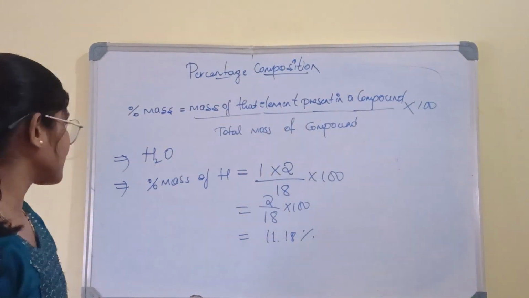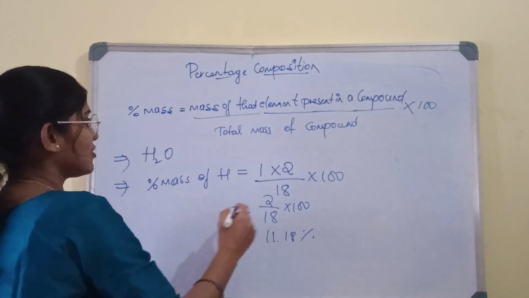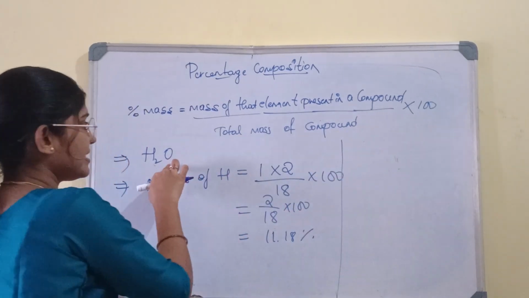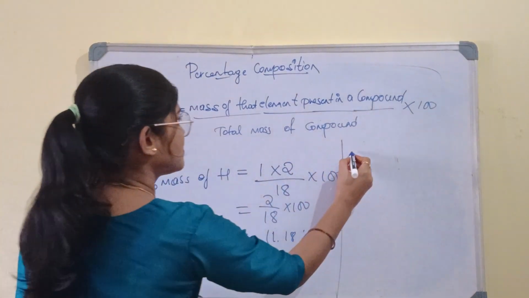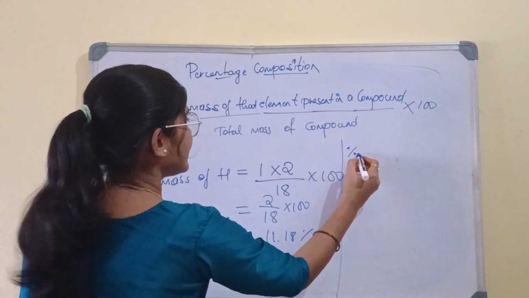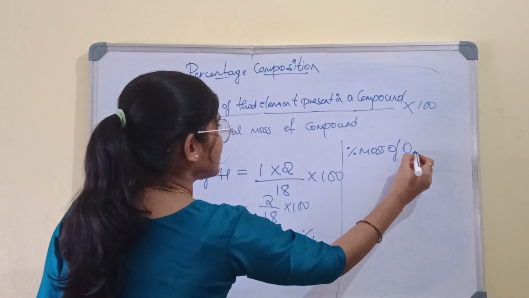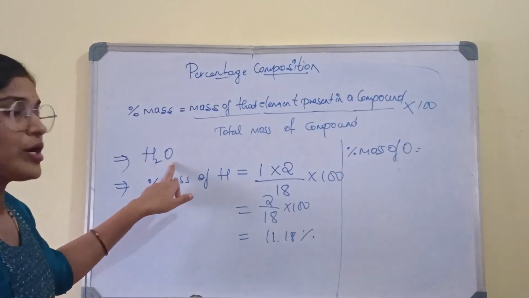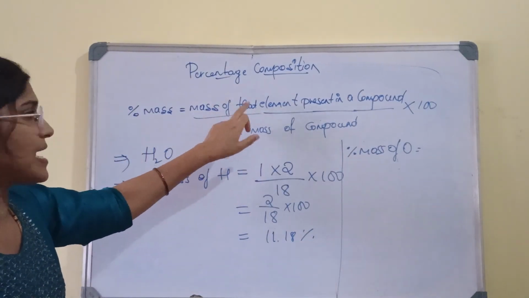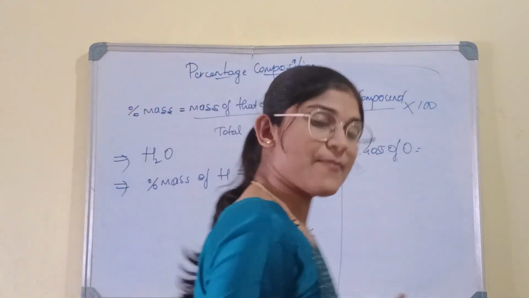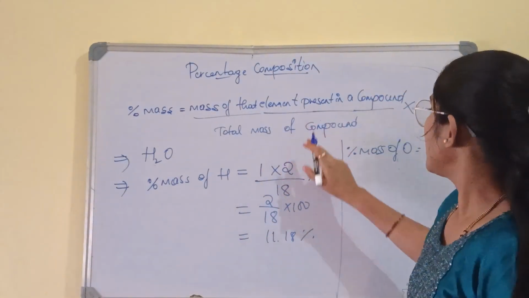Next, again if you want to calculate the percentage mass of oxygen, percentage mass of oxygen is equal to, first what you have to do, mass of that element. What is the atomic mass of oxygen?